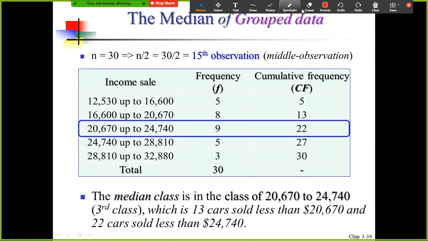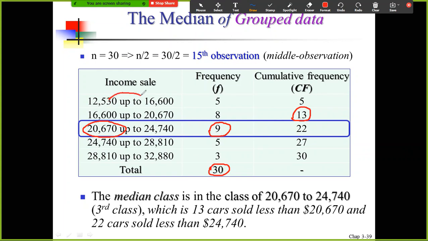So again, when you know the median class, what can you get? You can get LME. You can get CF before. You can get FME. What next? You know I. What is I?